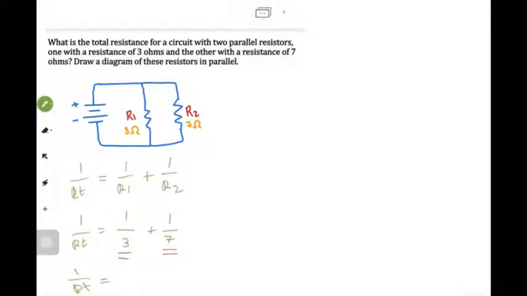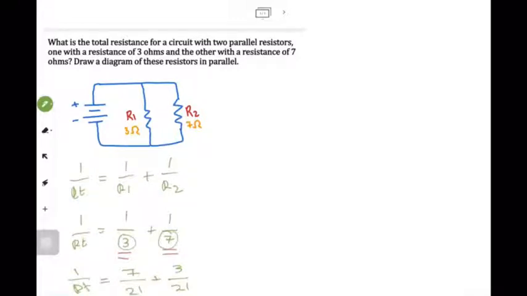So 3 times 7 equals 21. So 7 is our numerator and 21 is our denominator for the first fraction. For the second fraction, we have a 7. What will 7 multiply by to get 21? 7 multiplied by 3 gives us 21. So our numerator for this fraction is 3 and the denominator is 21.